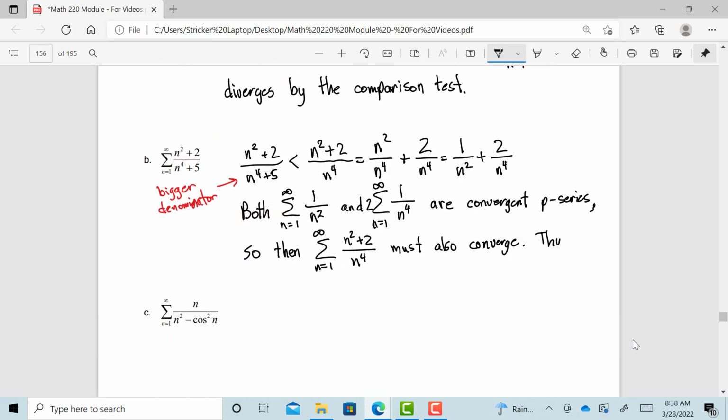Thus, our original series, n squared plus 2 over n to the fourth plus 5, must also converge by the comparison test.